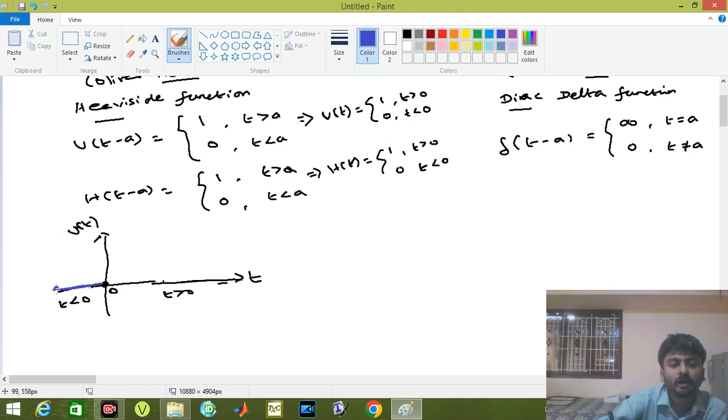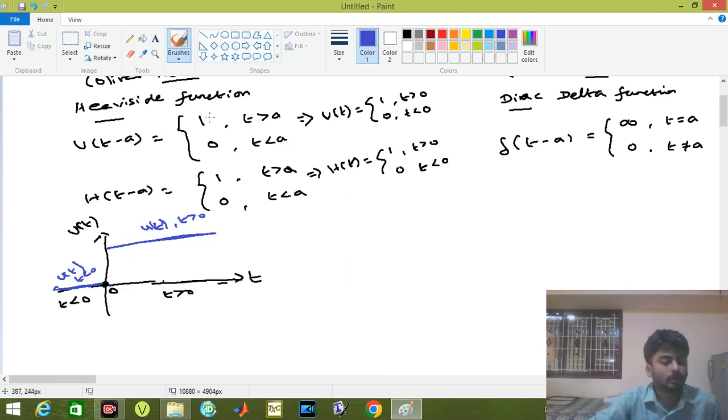So for all the values less than 0, this is your u of t, that is equal to 0. For t greater than 0, at this point this is 0, then to this point I will have this. This is t greater than 0. U of t, t greater than 0. This is u of t, t less than 0.